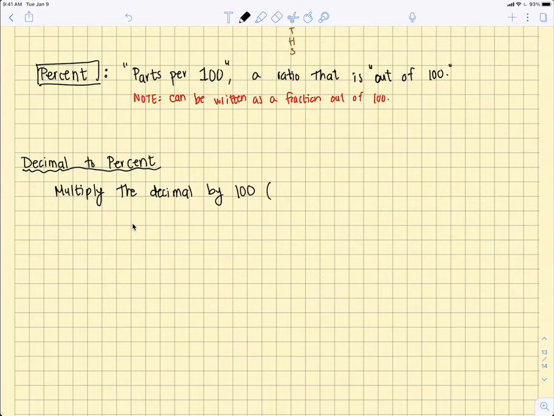You'll notice that if you do a bunch of these problems over and over, every time we're going to move the decimal point 2 places to the right.